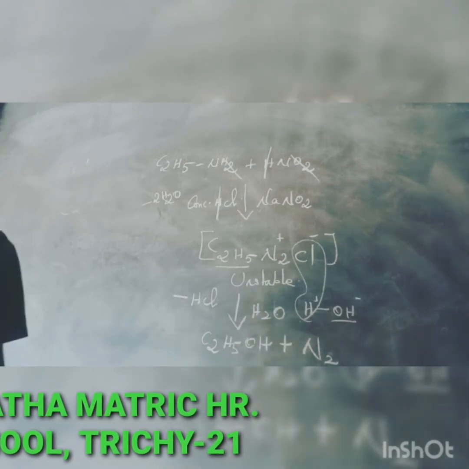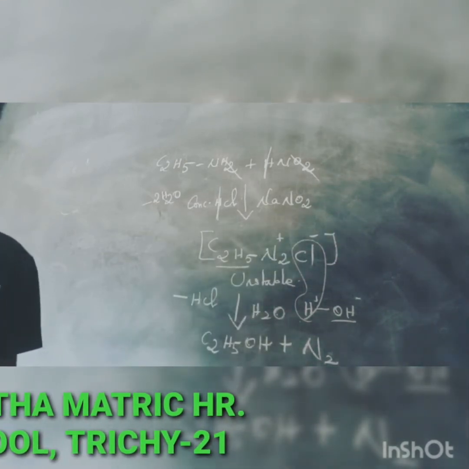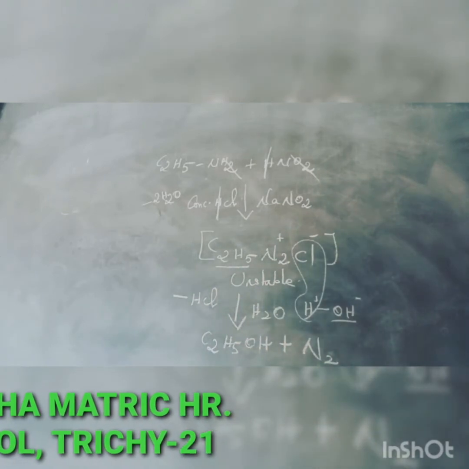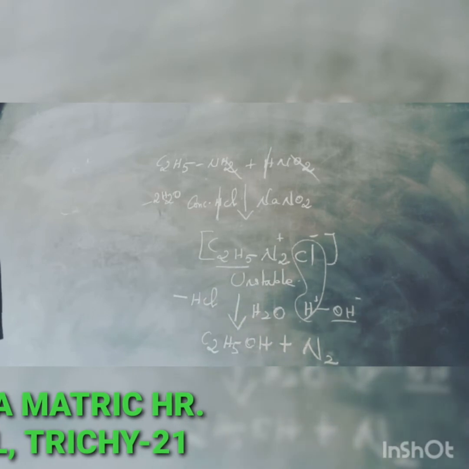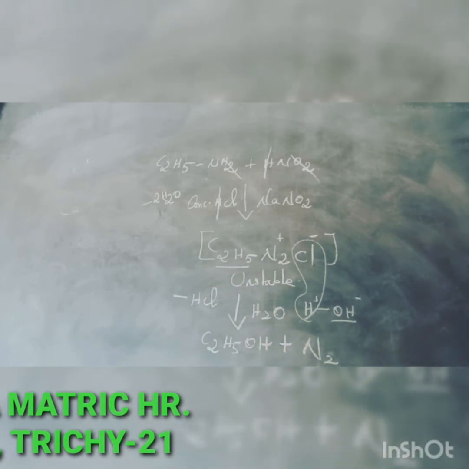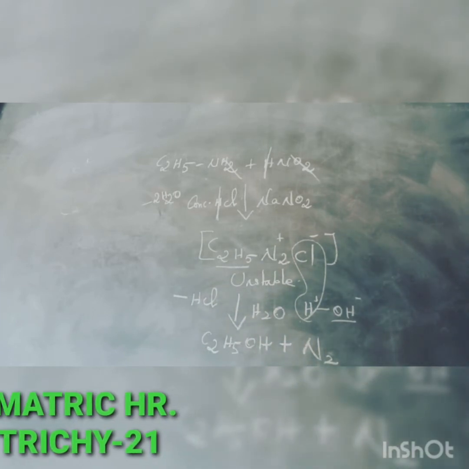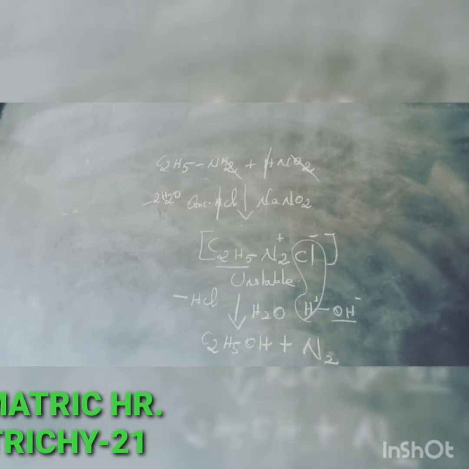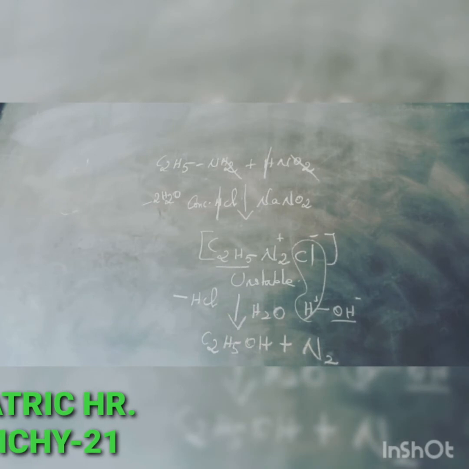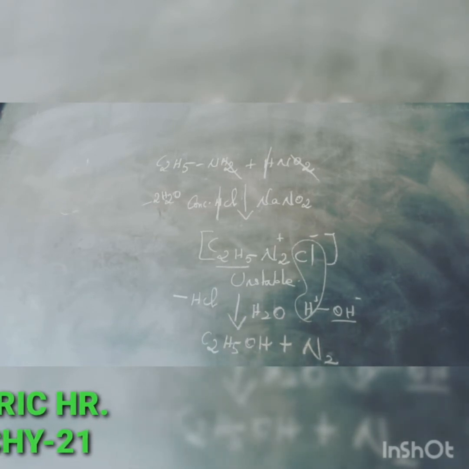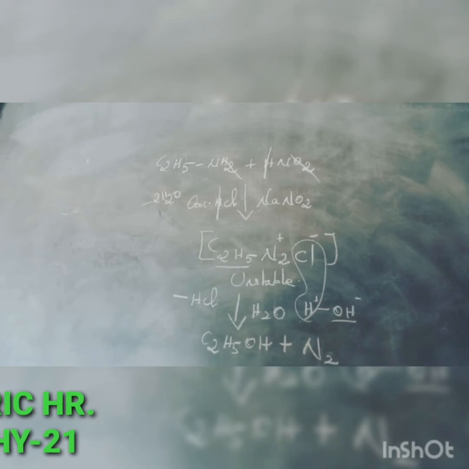First, aniline means a benzene structure with NH2. That is reacted with sodium nitrite in the presence of 2 HCl, at 273 to 278 Kelvin, to give benzene diazonium chloride, benzene structure N2+Cl-, and NaCl plus 2 water molecules are formed.